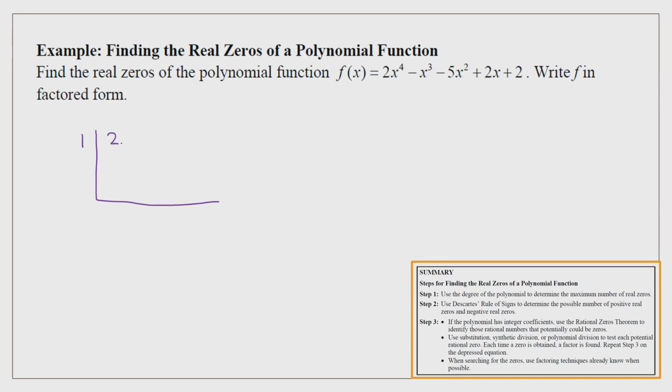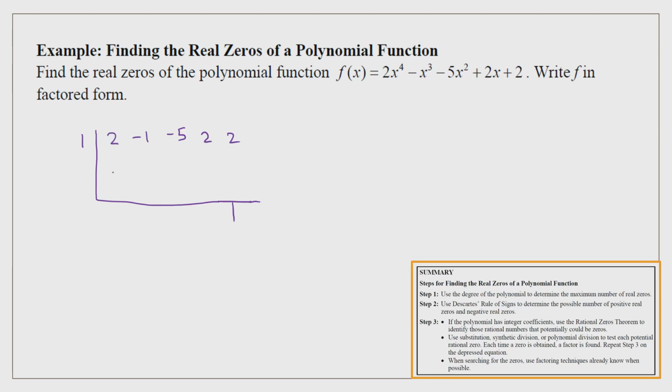So I'll have 2, -1, -5, 2, and 2. Remember that my last value here is going to be the remainder. I want the remainder to be 0, because if it's 0, then I know this potential 0 is a 0 of my function, and therefore will help me create a factor of my function f of x.